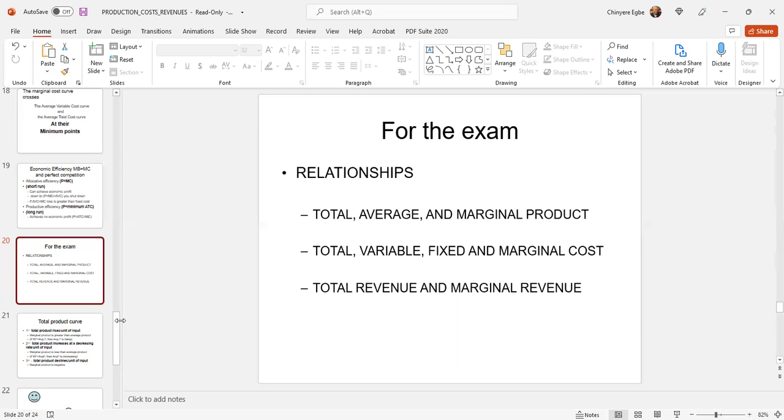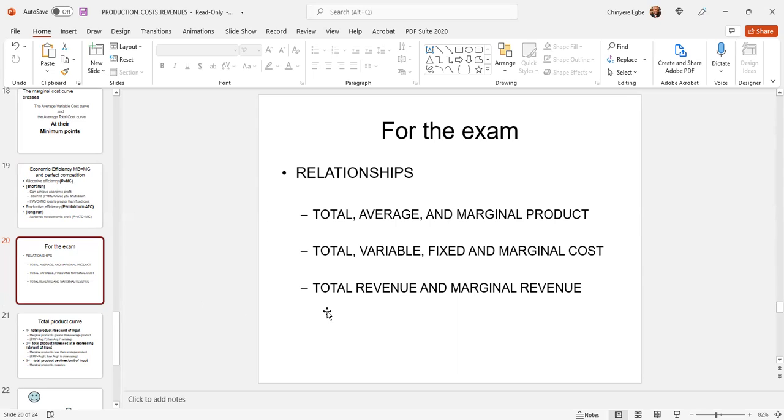Now if you're going to sell for $3 and your additional cost is $5, then your marginal revenue, which is the price you're going to get, is less than your marginal cost. So in business, if your marginal revenue is less than your marginal cost, then you don't stay in business. But if your marginal revenue exceeds your marginal cost, then you can stay in business because you're going to make a profit for each additional unit that you sell.